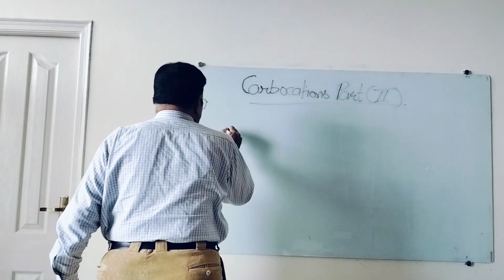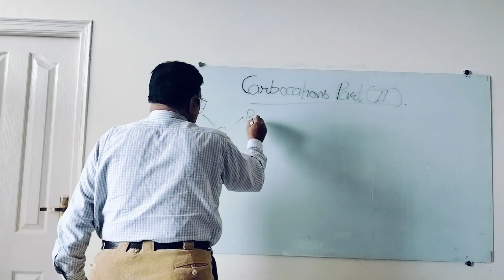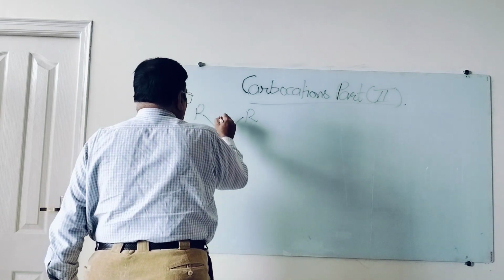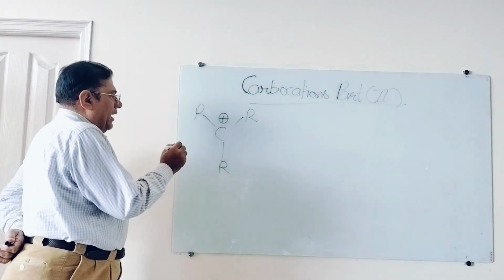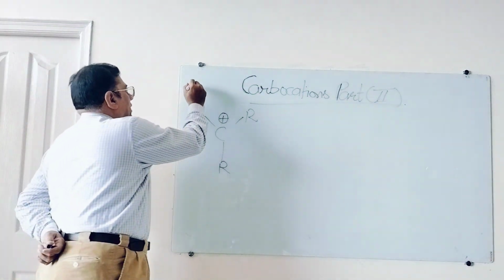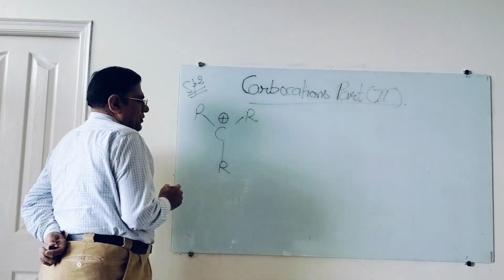This is a planar carbocation, or might be methyl or any other group, but this is the planar carbocation. And what type of hybridization? I did say earlier and today also, sp2.